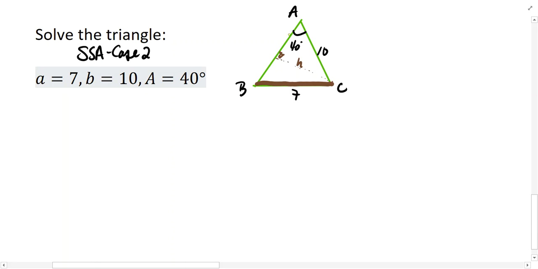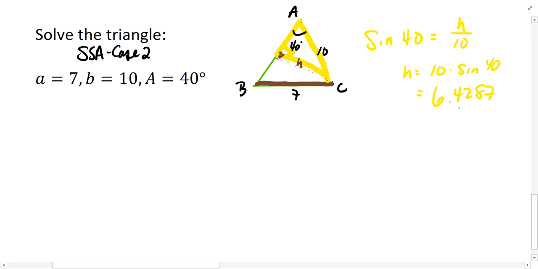And again, if it's not clear, I'm creating a right triangle here whose opposite side length is h, and the hypotenuse length is 10. So sine of 40 degrees is equal to h divided by 10. h is equal to 10 times sine of 40 degrees, which is 6.4287.